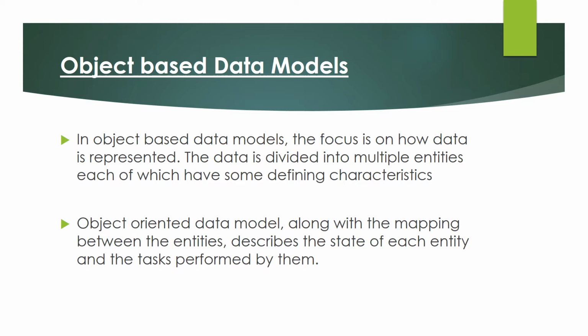That means the focus is on how the data is represented inside the database. This model models all the entities based on real world models, and it also represents how the data are represented in real life and how they are connected to each other with some relationships. So overall it is defining the real life characteristics of all these objects that exist in the real world.